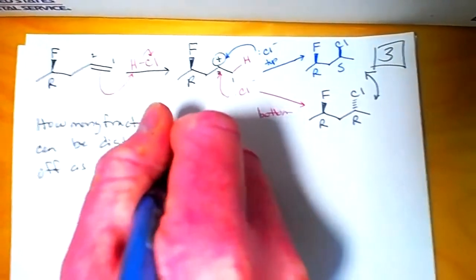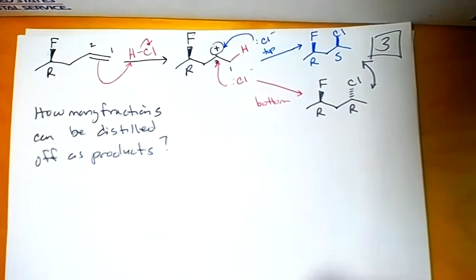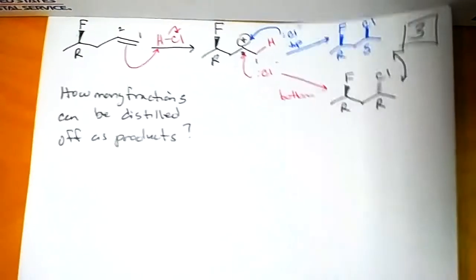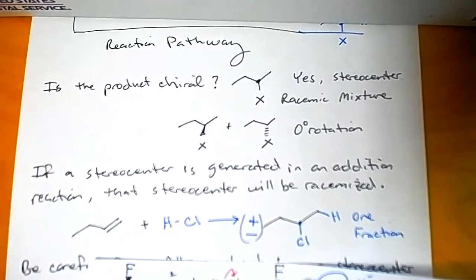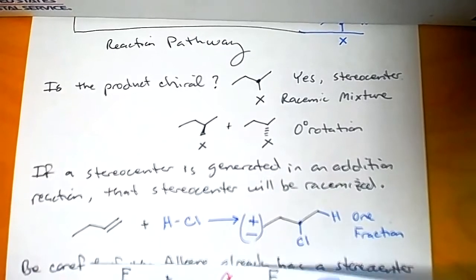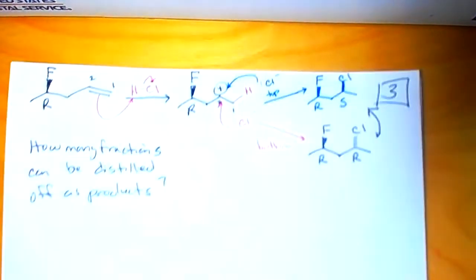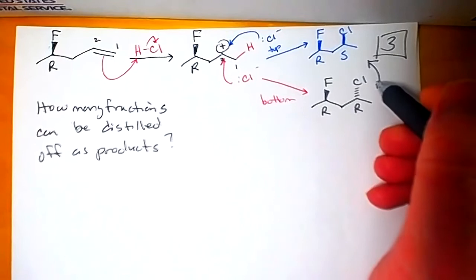In the previous question that we just looked at, since we were producing a racemic mixture, that's going to come off as one fraction because those are two enantiomers of each other. So the question you have to ask yourself is, what is the nature of these two compounds right here?